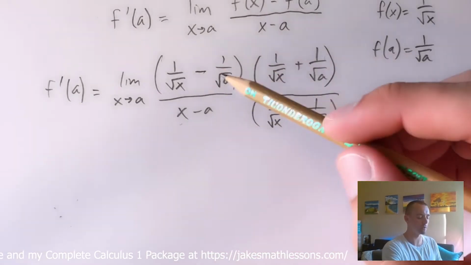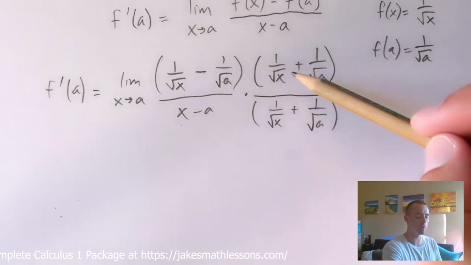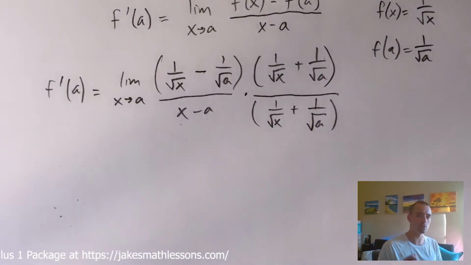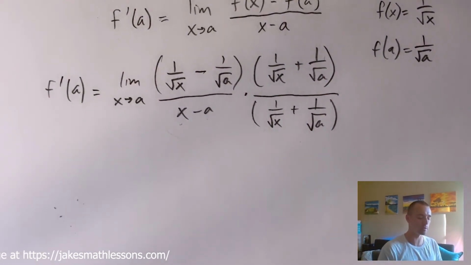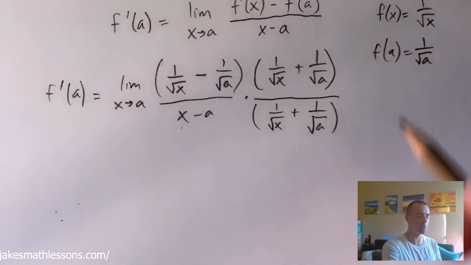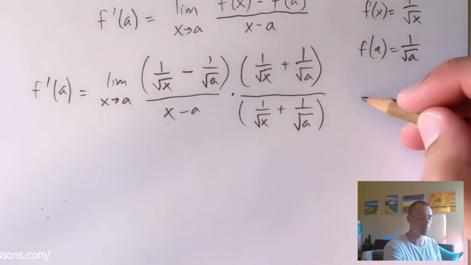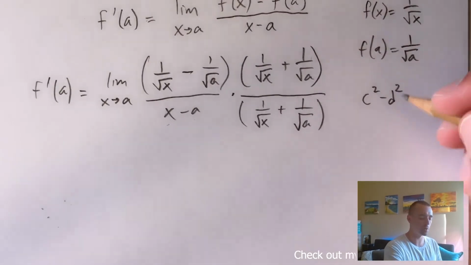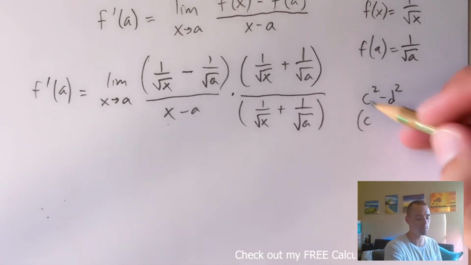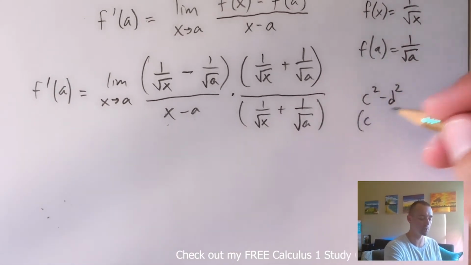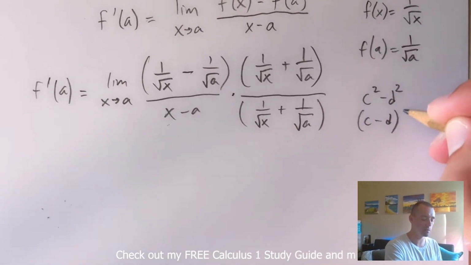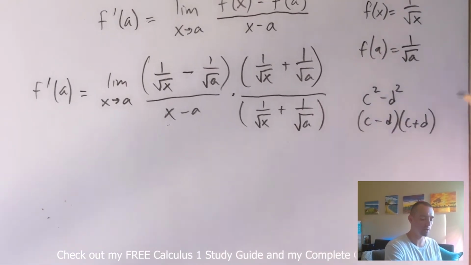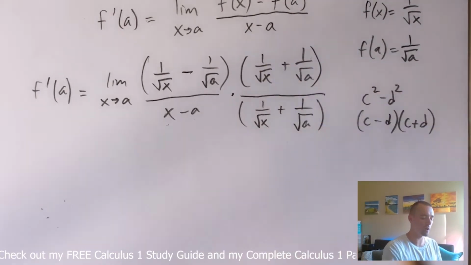So the great thing about this is what this is doing up here on the top is basically doing the reverse of what difference of squares does. Difference of squares says that if you have some squared term minus some other squared term, you can factor that out into the square root of c squared, which is just c, minus d times c plus d. So here we're doing the opposite.